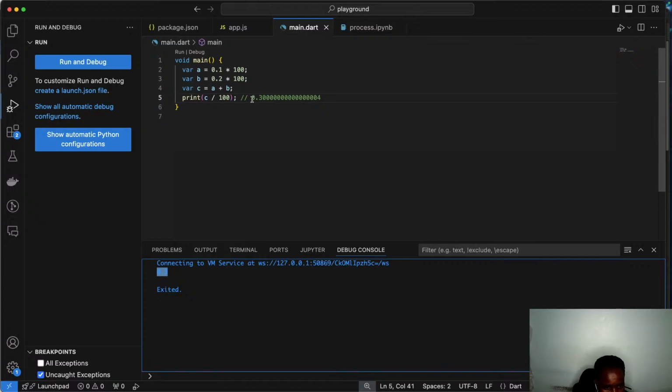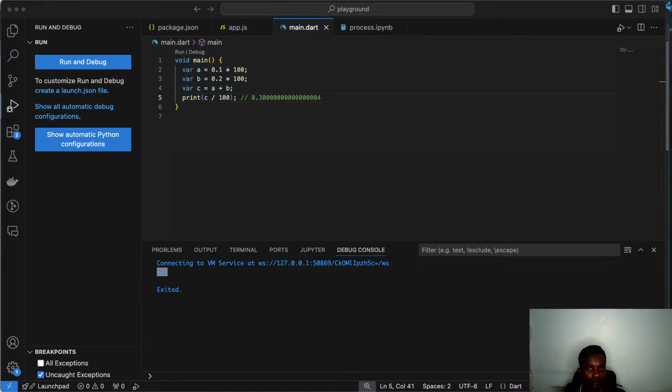Yeah, that makes sense. Sorry, go on. I think especially for currency, we usually have only two decimal points, which will basically represent, for now, Kenya shillings.